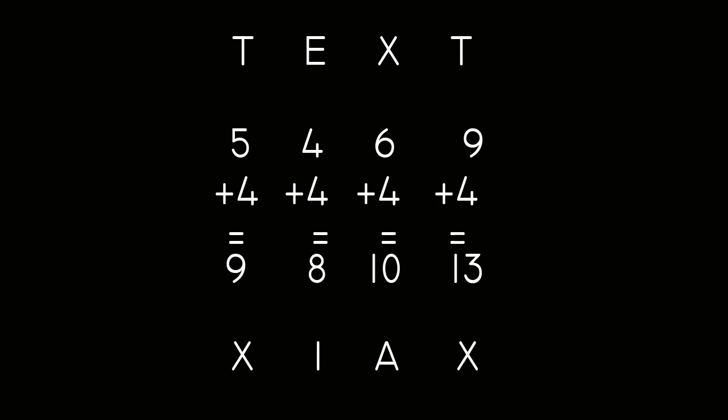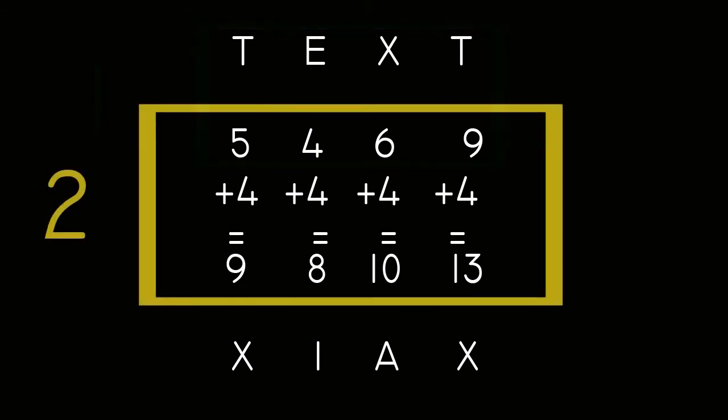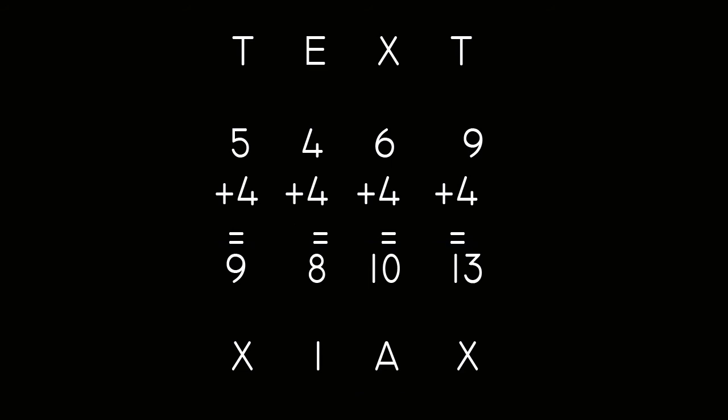We are going to write a code that will, first, step 1, convert the letters from our message into the numbers. Step 2, add the 4 to all the numbers. And step 3, convert back the numbers to the letters. Before step 1, there's one more thing.